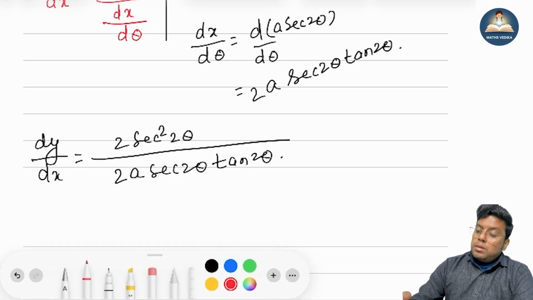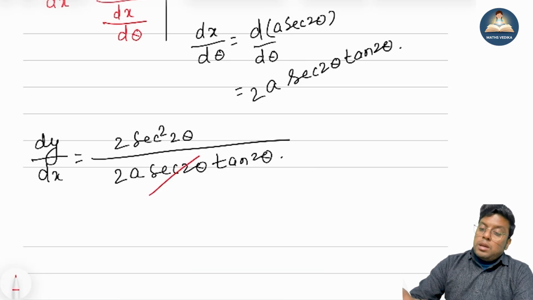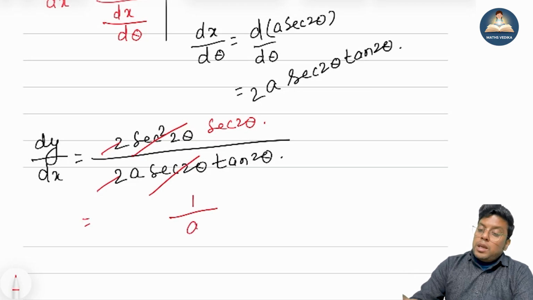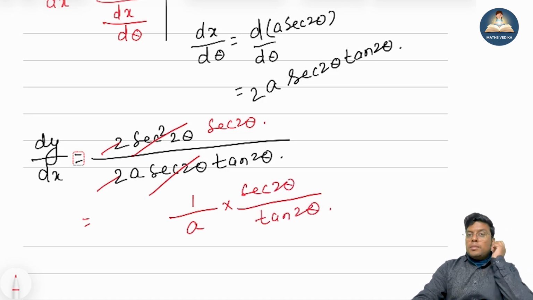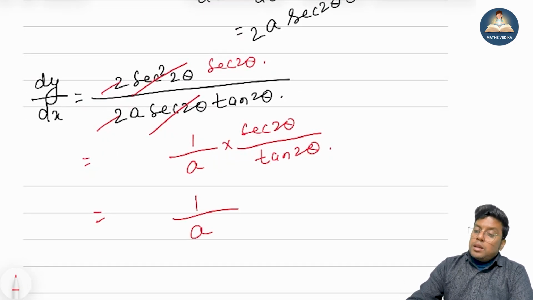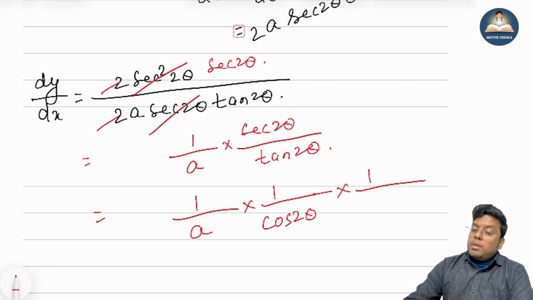Now sec 2 theta will be cancelled out and 2 will be cancelled out. We'll have 1 by a into sec 2 theta by tan 2 theta, which is equal to 1 by a, with sec 2 theta written as 1 by cos 2 theta and tan 2 theta written as sin 2 theta by cos 2 theta.